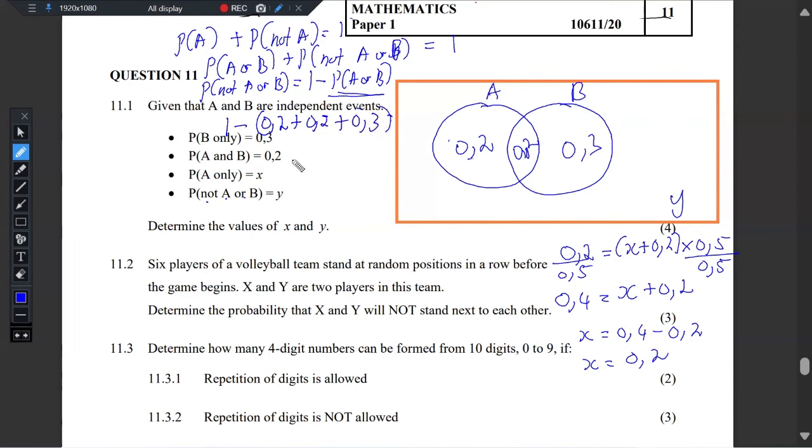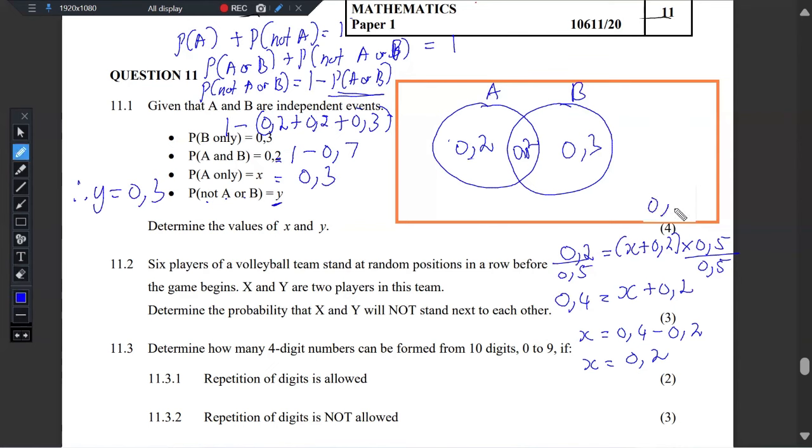When you add all this up, it gives you 0.7. And then 1 minus 0.7 gives us 0.3. Now that is equal to Y, because the probability of not A or B is Y. So, in other words, Y is equal to 0.3. So there we go.